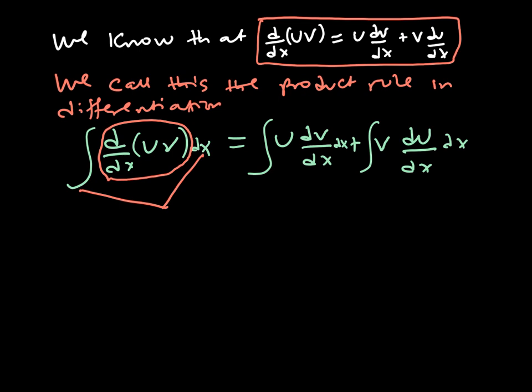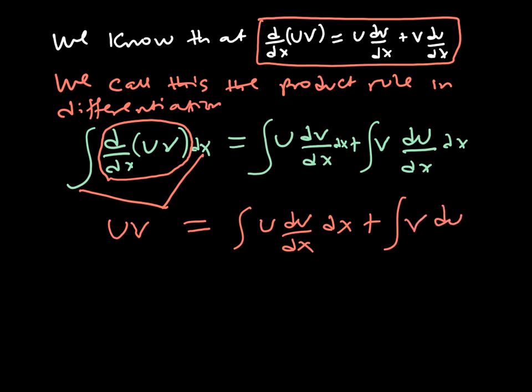So when you are integrating and differentiating at the same time, you end up with the function uv. uv will be equal to the integral of u dv by dx with respect to x plus the integral of v du by dx with respect to x.